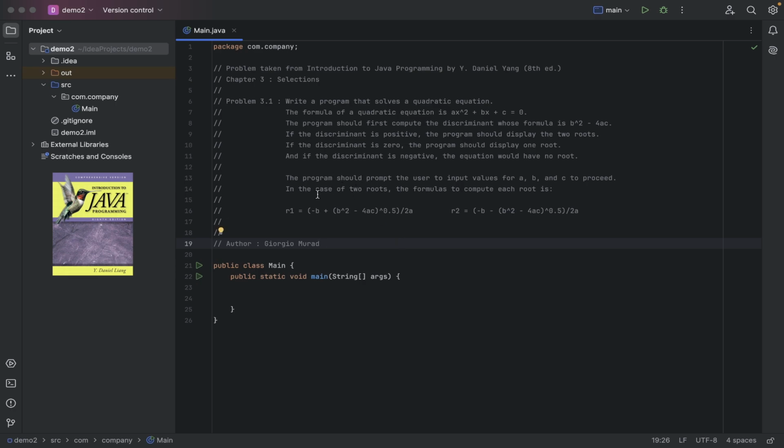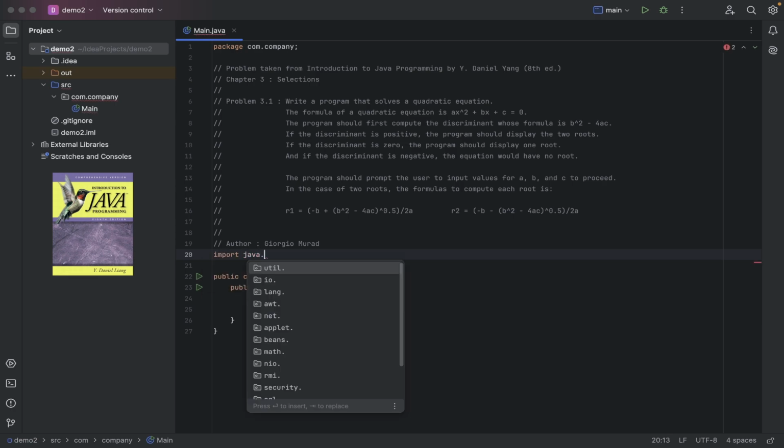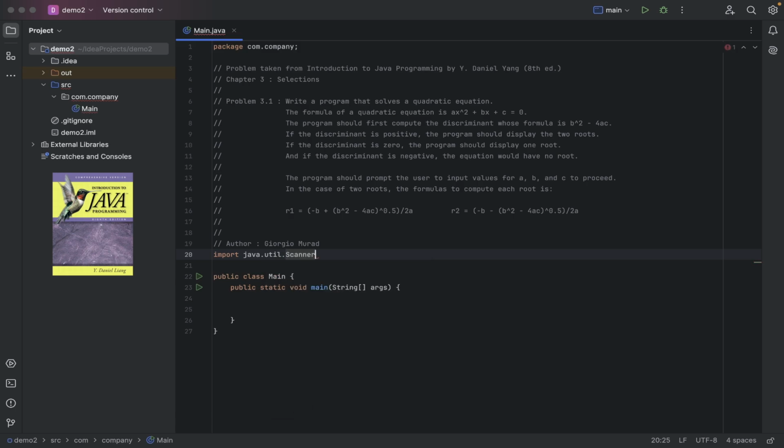So let's get started. Okay, now first I'm gonna need the user to input the values of A, B, and C. So with that, I'm gonna import the scanner from java.util.Scanner. Start declaring a scanner object.